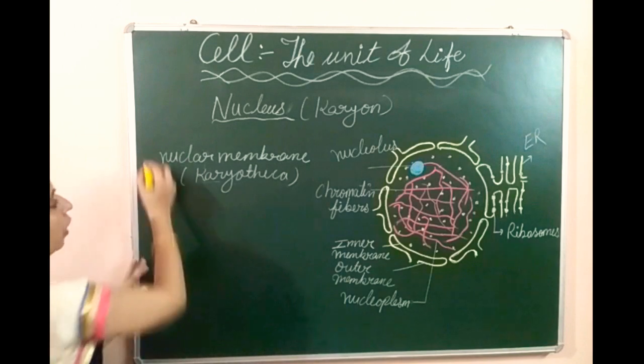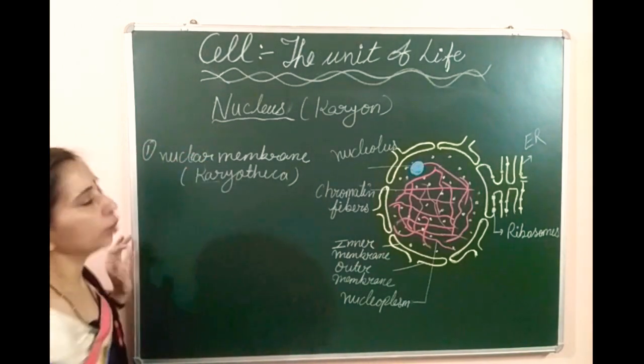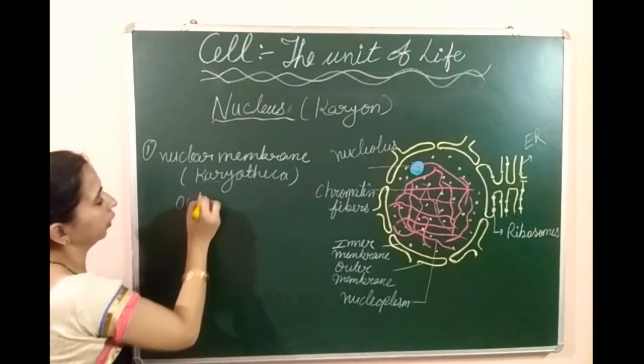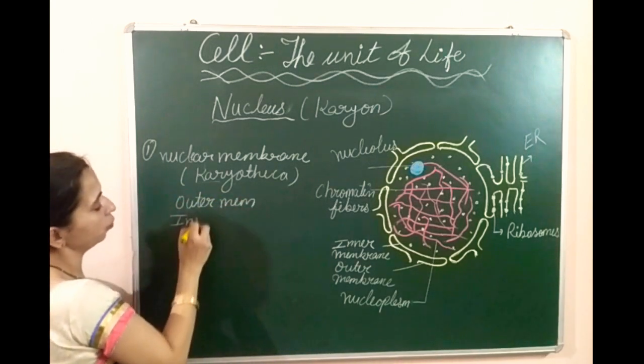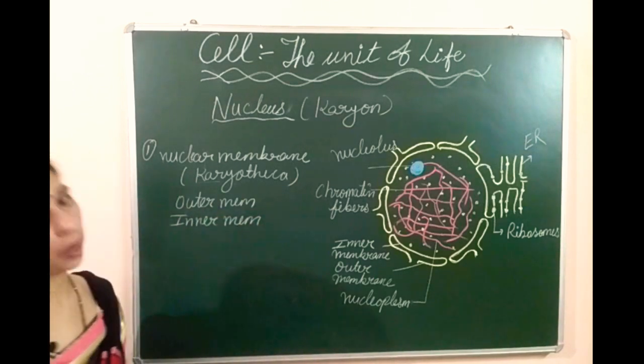So the nucleus has a membrane known as the nuclear membrane, and this nuclear membrane has two membranes: one is the outer membrane and the other is the inner membrane.